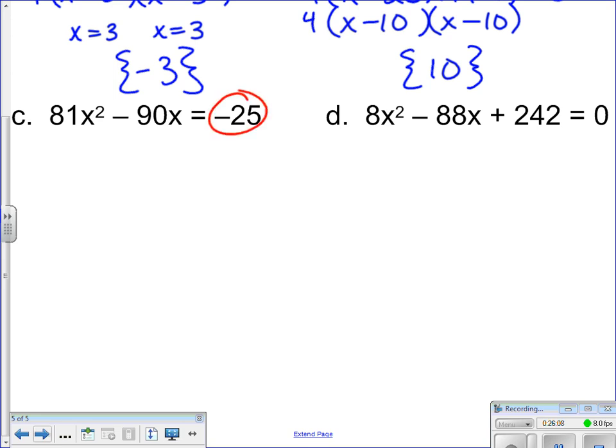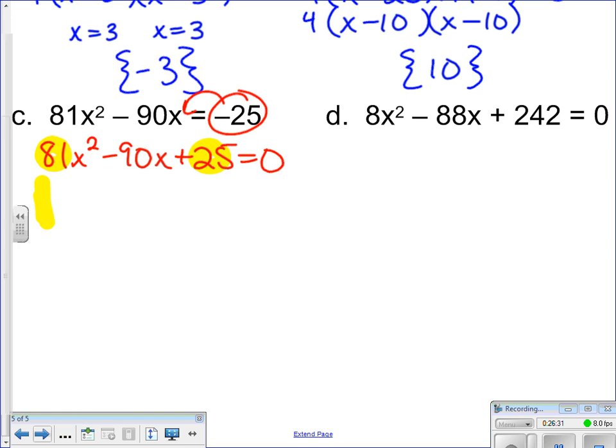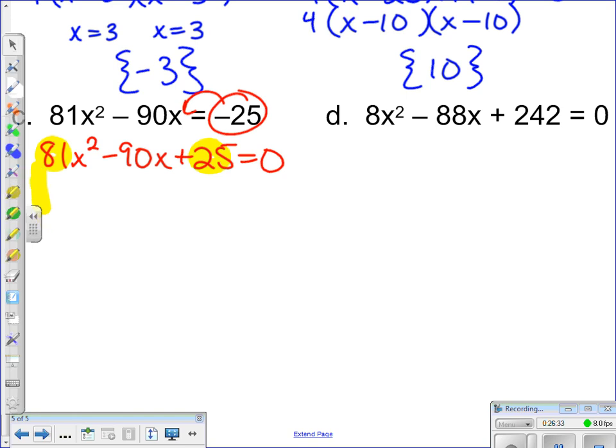Okay, so that negative 25's got to come over. It makes it positive 25. Greatest common factor, I don't see one. Since this is a perfect square, 81's a perfect square, so is 25, I'm going to try to factor it using the perfect square.